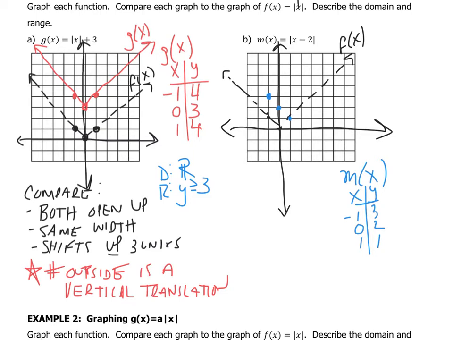So my question is, do I have a V? No. So I can't always assume that 3 points is going to be enough. I have to keep going until I see a V happen. So let's go to 2. If 2 goes in, 2 minus 2 is 0. The absolute value is 0. Still no V. If 3 goes in, 3 minus 2 is 1. The absolute value is 1. Well, we've already seen a y value of 1.